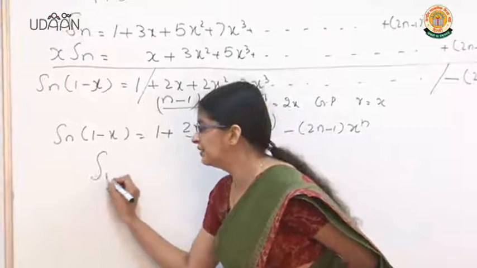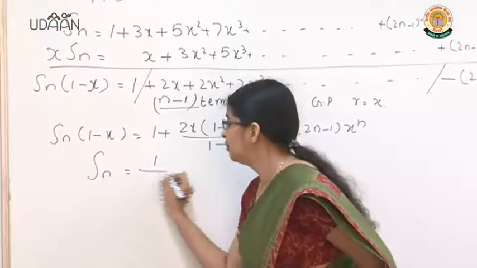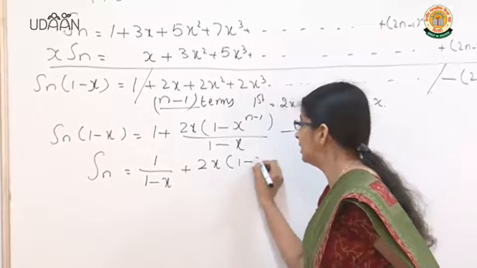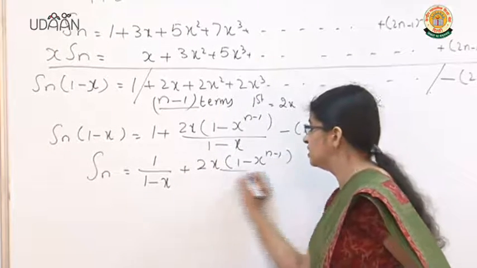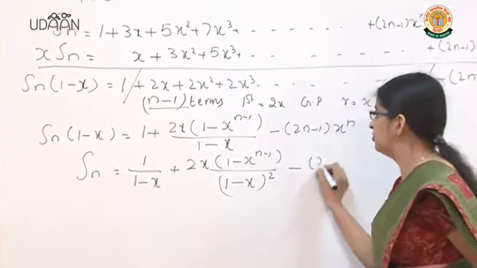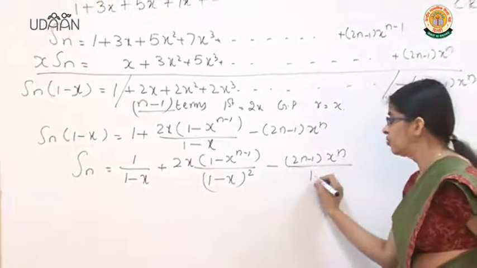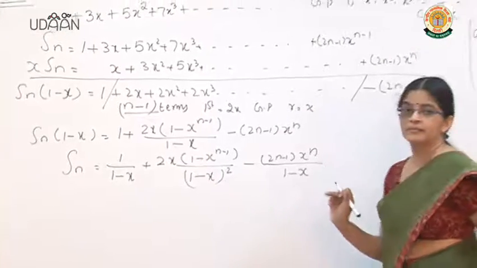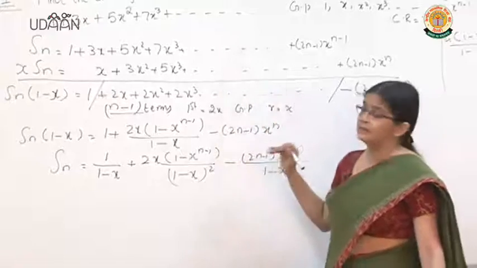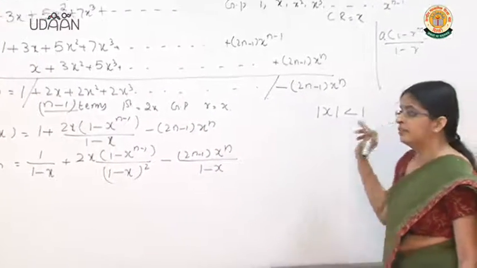We have to find Sn, dividing by 1 minus x: 1 by 1 minus x plus 2x into 1 minus x power n minus 1 divided by 1 minus x whole square, minus 2n minus 1 x power n divided by 1 minus x. Is it clear?